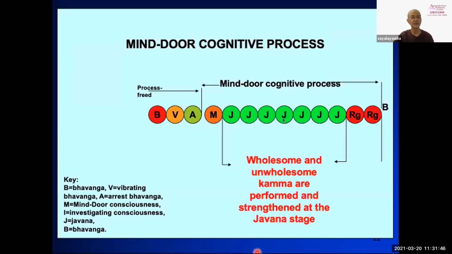Instead, wholesome consciousness, accompanied by equanimity and associated with knowledge, will arise in you 7 times in the jhana stage. Then the wholesome karma is performed and strengthened here. So this depends on your past tendency, your habitual tendency. This is one of the factors that decide whether wholesome or unwholesome jhana arises.